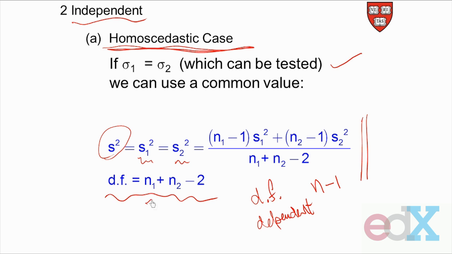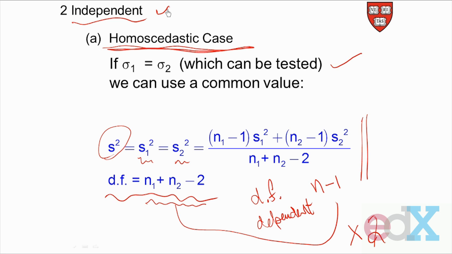Now, what we see here is that if n1 is equal to n2, for example, this is twice that. So because of the dependence in the dependent case, we basically lost half the power, roughly speaking. Well, we had half the degrees of freedom that we have in the independent case.